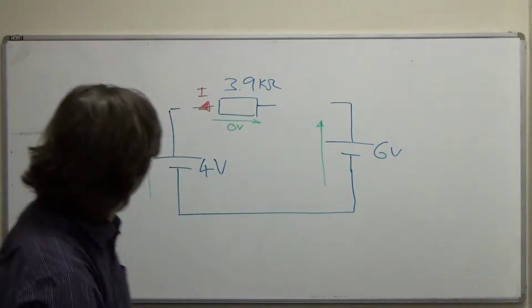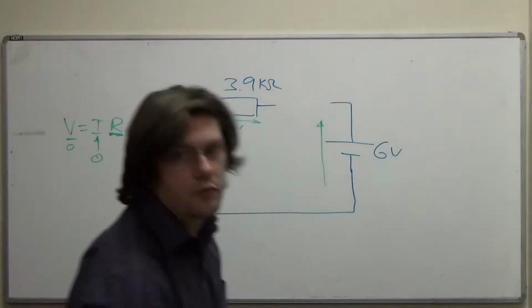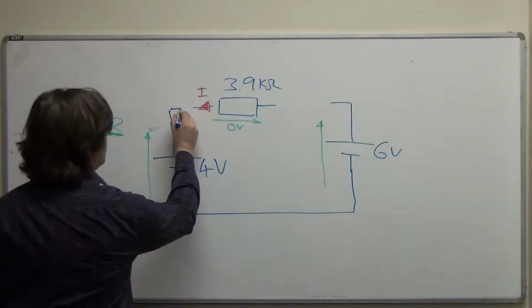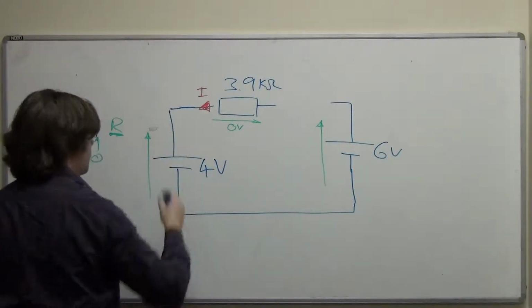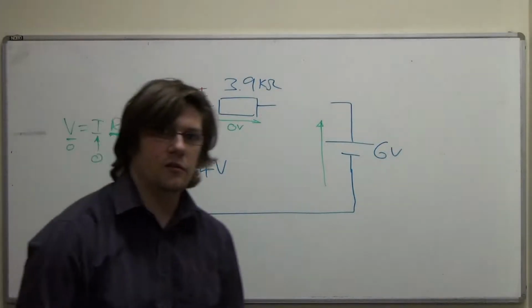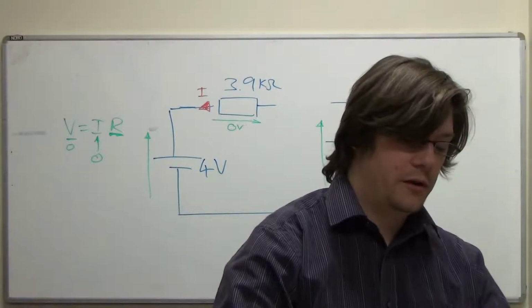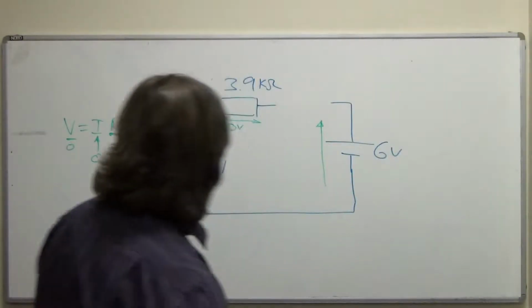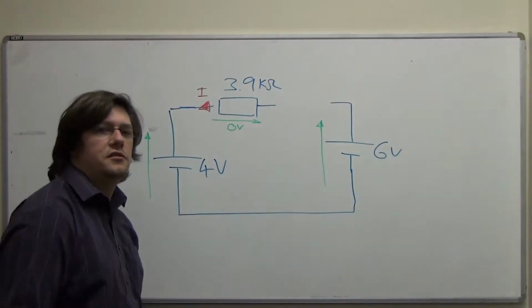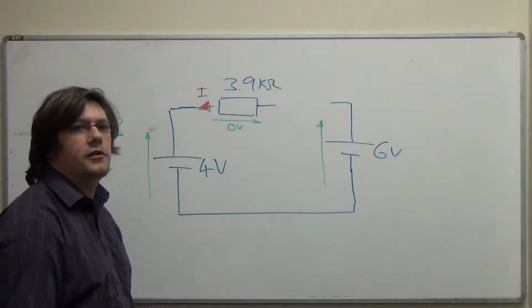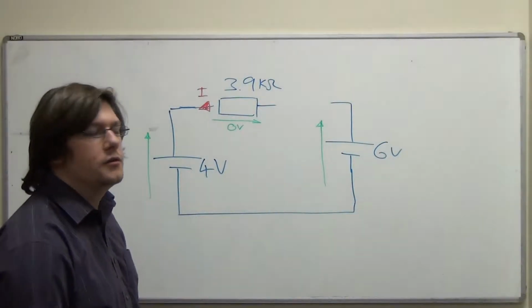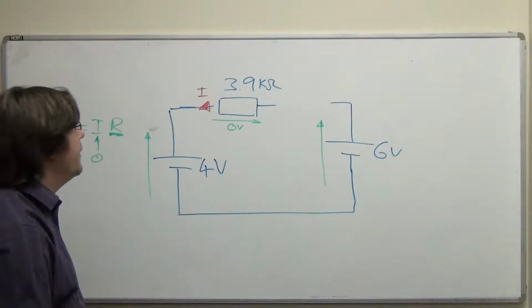But if you were in a situation where you needed to write out some equations to solve the problem, the algebra that you write out will deal with your choices of arrow direction for you, as long as you obey all the signs properly. So as long as your maths is consistent, you don't have to worry about your choices of voltage and current directions. It will sort itself out.